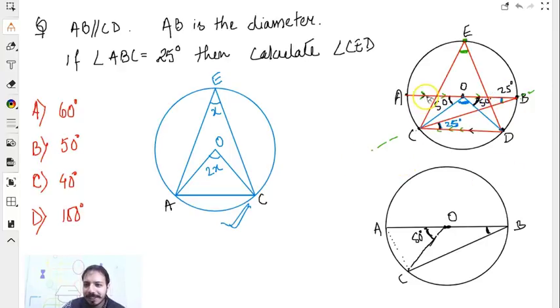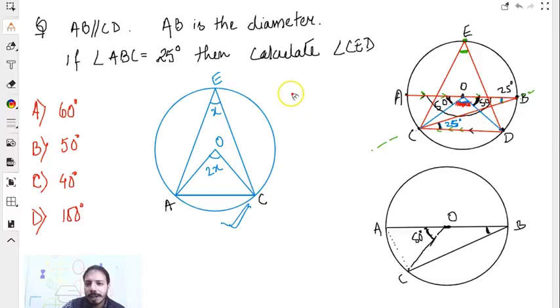Now it became very simple, right? Now we know that AOB is a straight line. So this complete angle here is 180 degree. So if this complete angle is 180 and this is 50 and this is 50, so what is the part which is left? So the part which is left should be 180 minus 100, that is 80 degree.